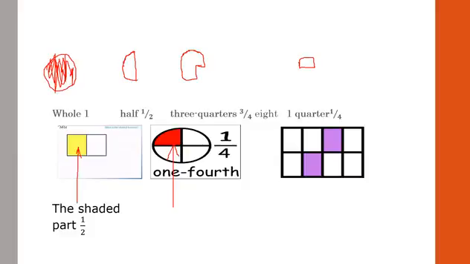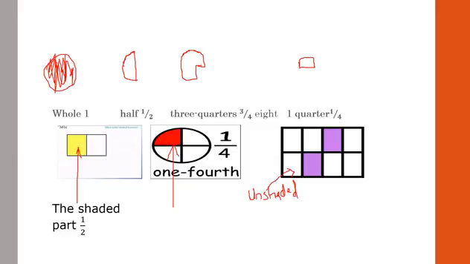For this one, the unshaded area, you can regard it as, how many is there now? 1 2 3 4 5 6.